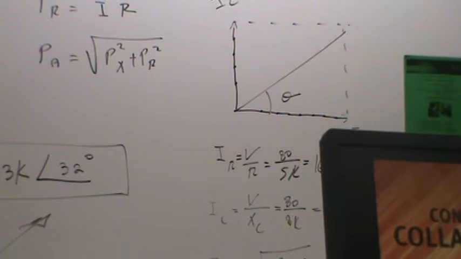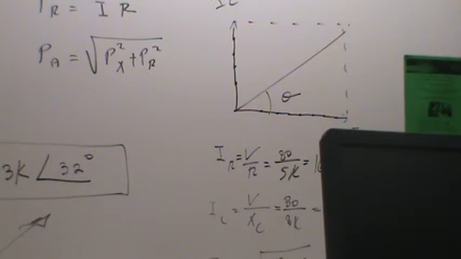This was I sub C, the arctangent of I sub R over I sub C, right? No, it's I sub C over I sub R. Which is going to be a positive number.